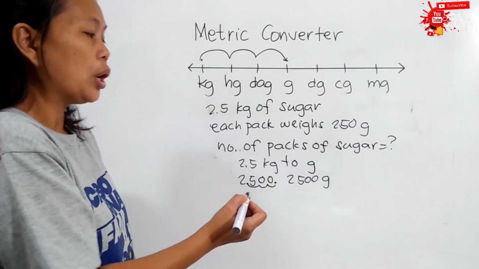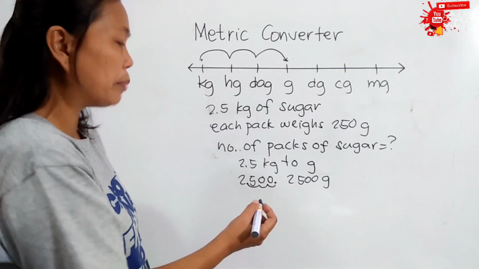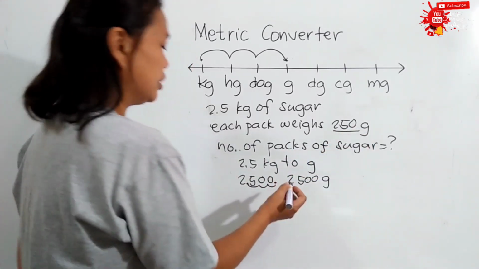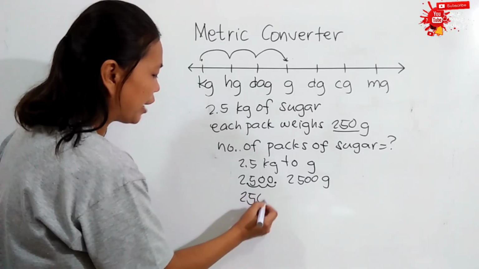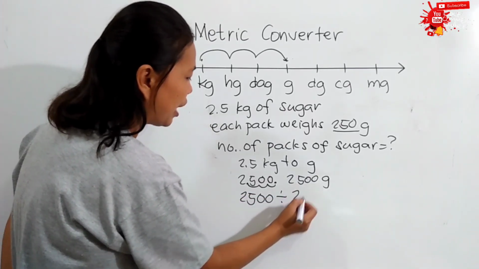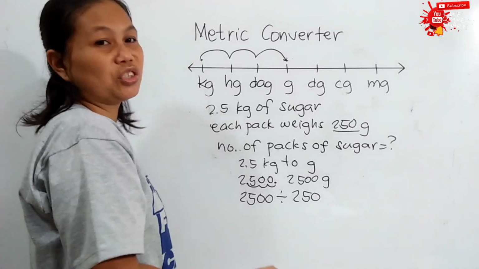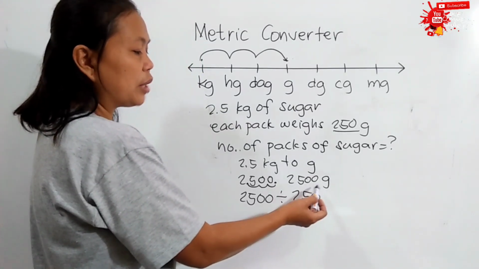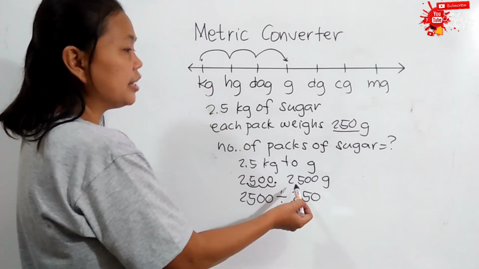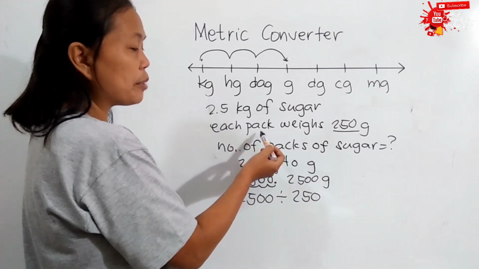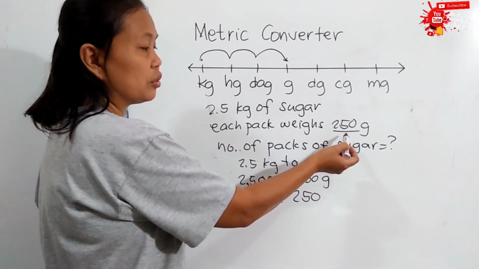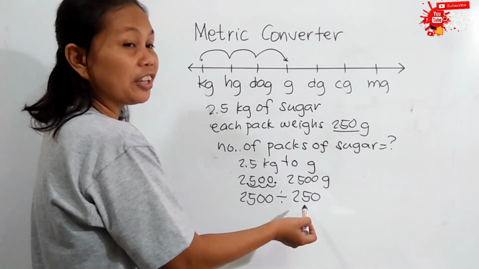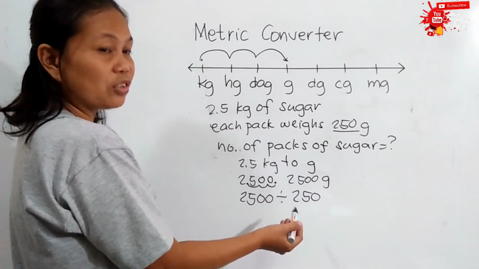It means that 2,500 will be divided by 250. So why is it divided by 250? Because the mother needs 2,500 grams of sugar, and we can only buy per pack that weighs 250. So we need to divide it by 250 so that we can know the number of packs of sugar.